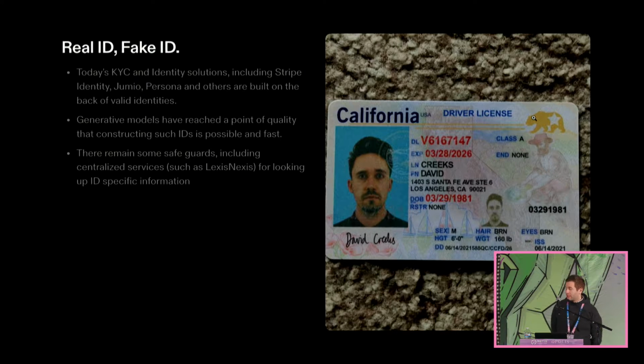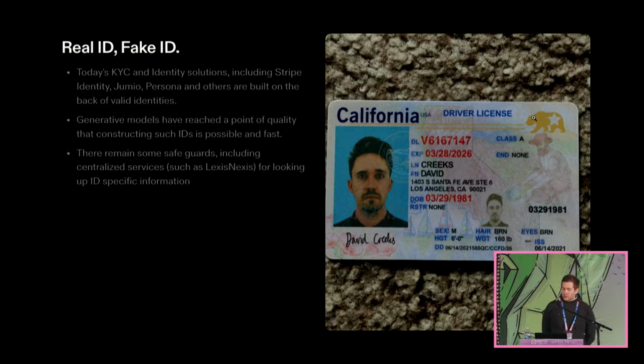So first is real ID, fake ID. Today's KYC and identity solutions like Stripe, Jumio, Persona, they're built on the notion of a valid identity. And generative models have reached a point of quality that they can construct those IDs that are really difficult to tell from a real identity. So this is actually an LLM, or like a generative AI model identity.